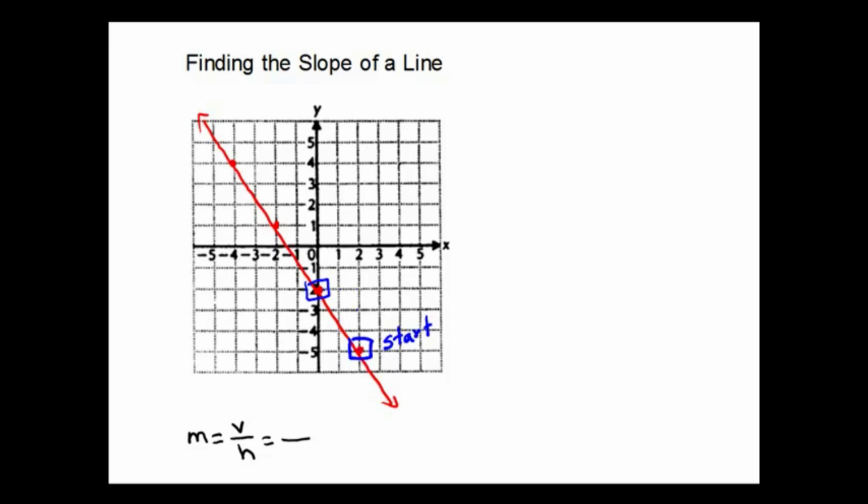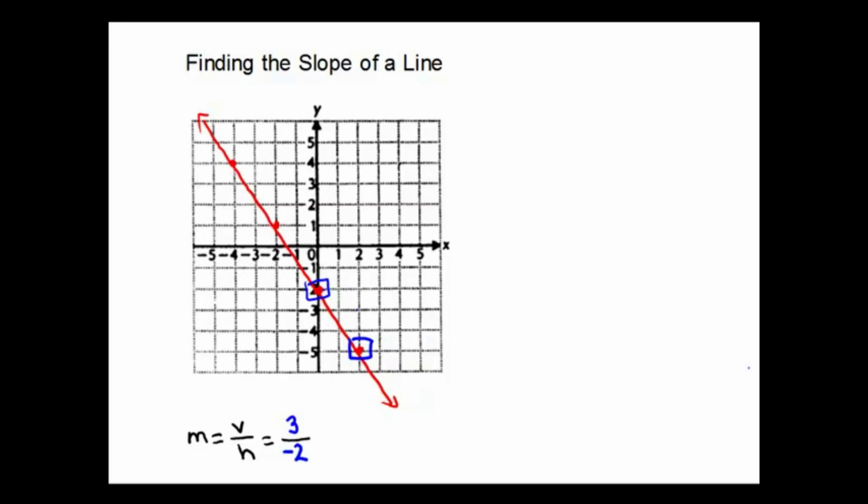So we're going to go up 1, 2, 3 spaces. Going up is positive, down would be negative, and then we're going to go to the left 1, 2 spaces. To the left is negative, to the right would be positive.